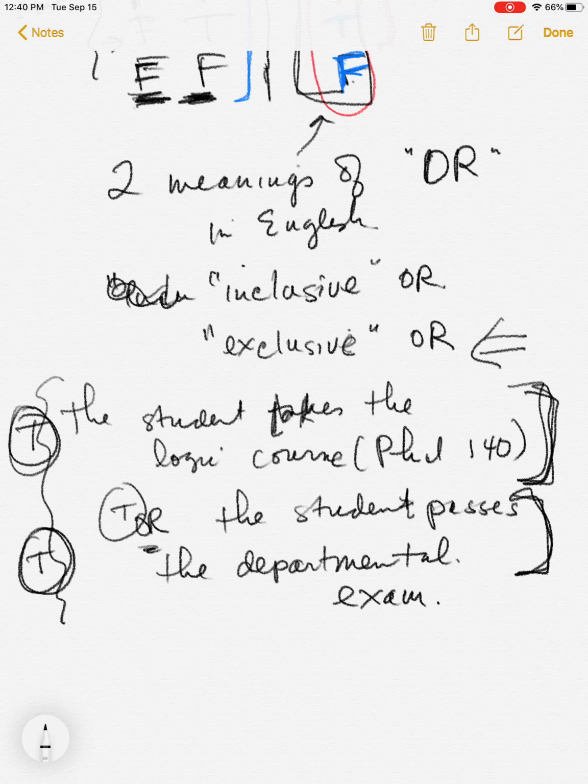You have this overachieving Harvard student who takes the course and takes the exam. Nobody's going to say, sorry, you can't graduate because you haven't satisfied the logic requirement. And also when you're looking at courses, you might often see a prerequisite for a course. So a prerequisite, say for a biology course, might be Bio 13 or junior standing.